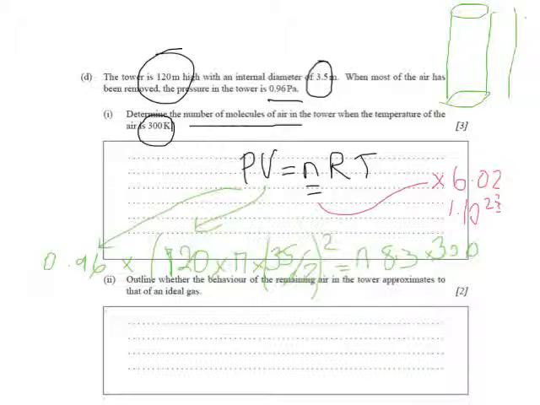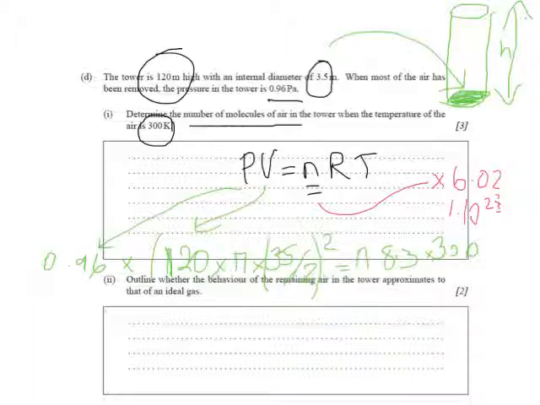And of course the volume of a cylinder is the height times the area of this surface here. We're given the diameter, so we would need to do 120, which is the height, times pi times 3.5 divided by 2 squared, because that would give us the radius.